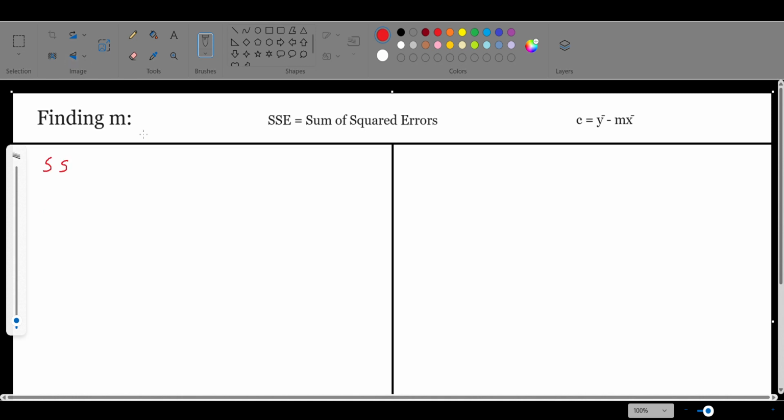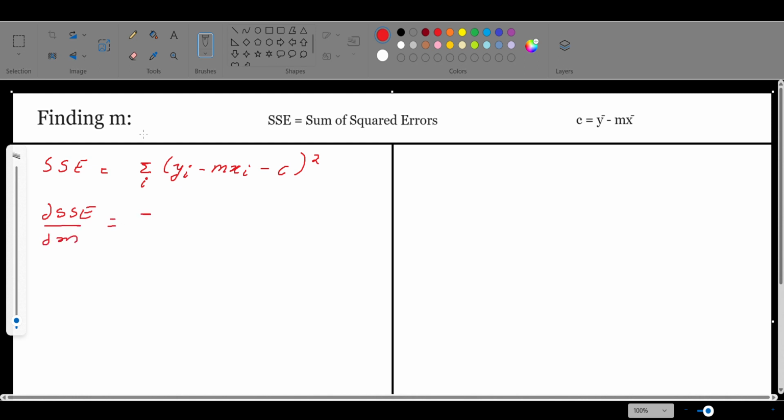So SSE is equal to summation over i of yi minus mxi minus c, the whole square. Now let's find del SSE by del m.